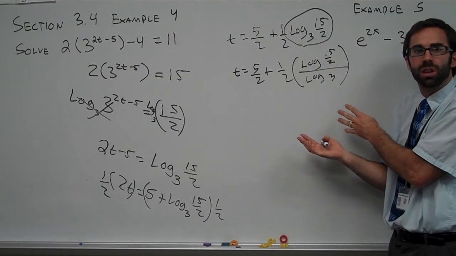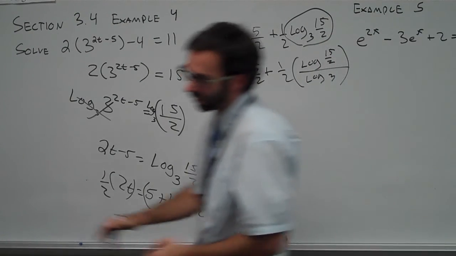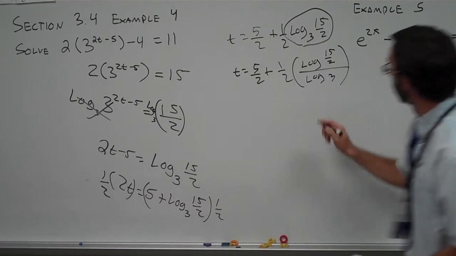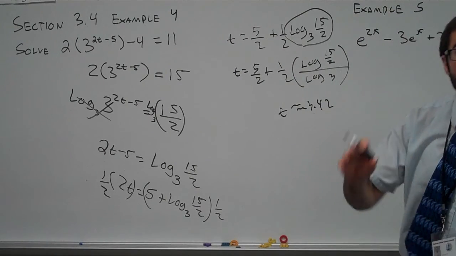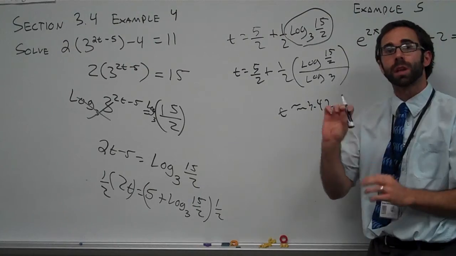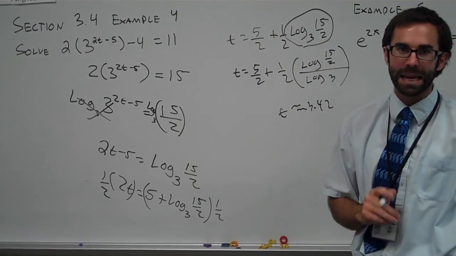This is just the change of base formula. If you put all of this in your calculator, the answer you should get is 3.42. So t is approximately 3.42. Please do that on your calculator, and if you're not getting this, then you're probably doing something wrong with your parentheses, and you can ask about that in class.